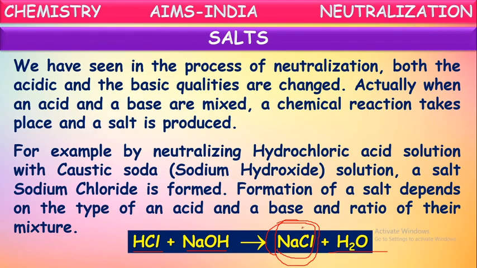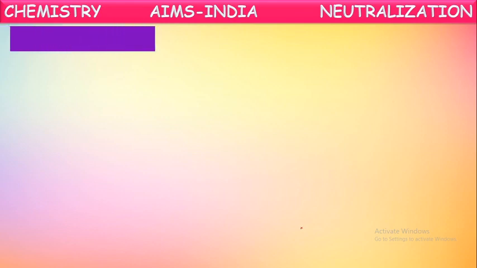Okay, and as we told, the nature of the salt depends upon the acids and bases reacted, based upon the nature of the acid and base reacting, and based upon the quantity of those two also. Now let us see the types of salts.